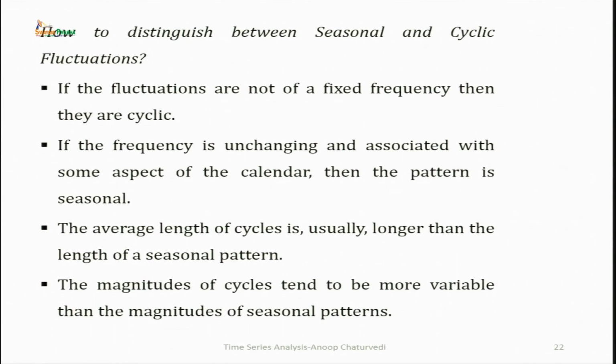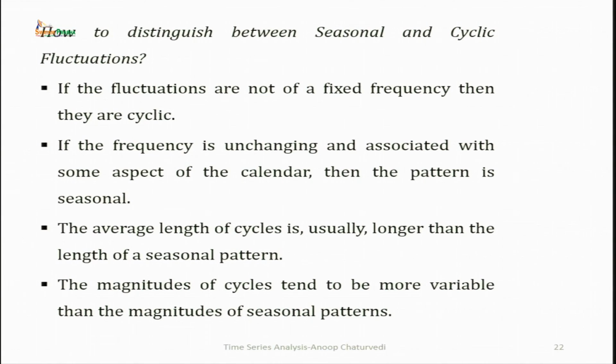So, for distinguishing between seasonal and cyclic fluctuations, if the fluctuations are not of a fixed frequency, then they are cyclic. This is one indication. Then, if the frequency is unchanging and associated with some aspect of the calendar, then the pattern is seasonal.